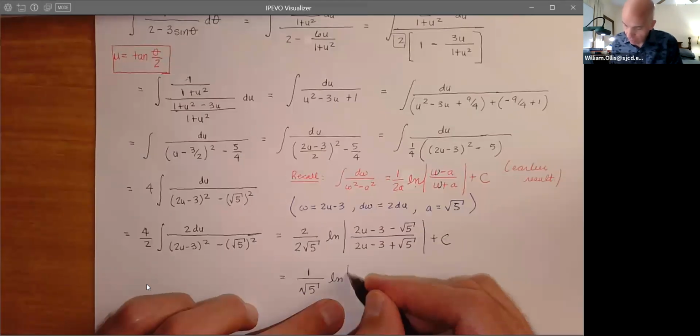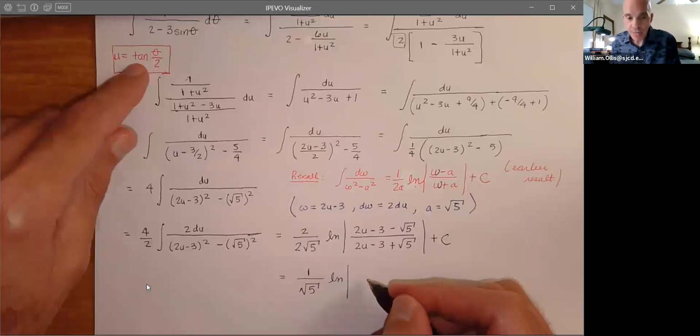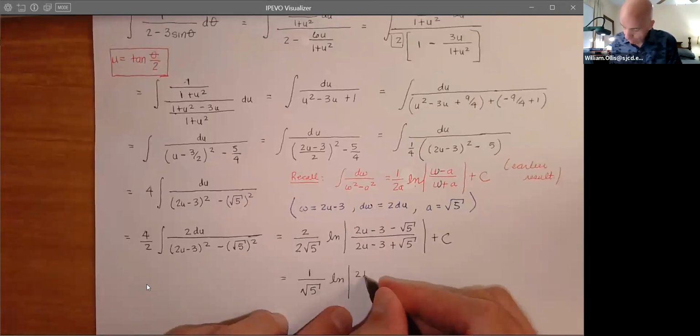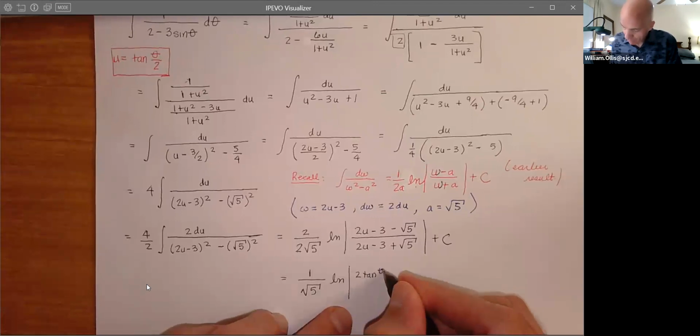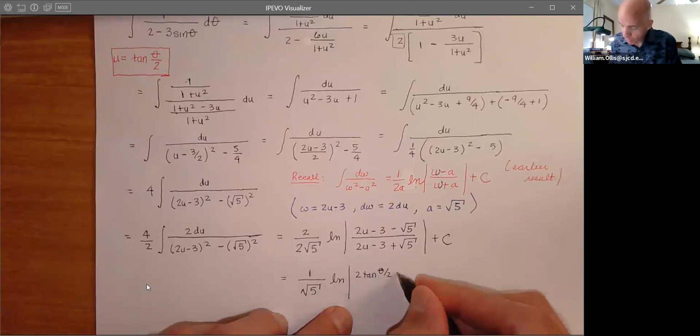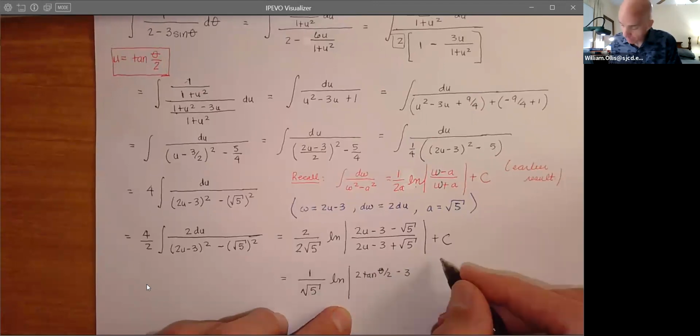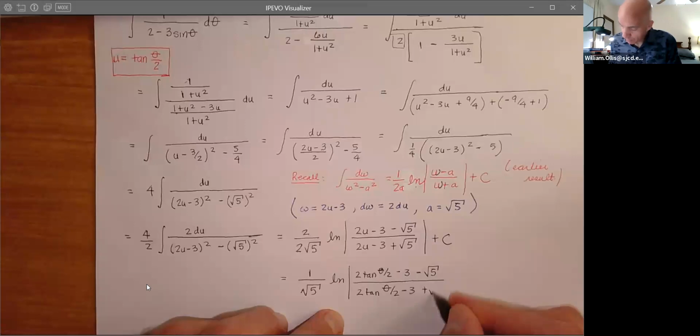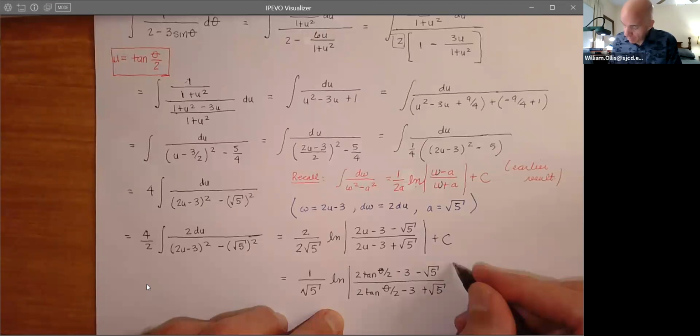So here, 2u will give us a 2 tangent theta over 2, minus 3 minus root 5, and a 2 tangent theta over 2 minus 3 plus root 5, plus a constant.